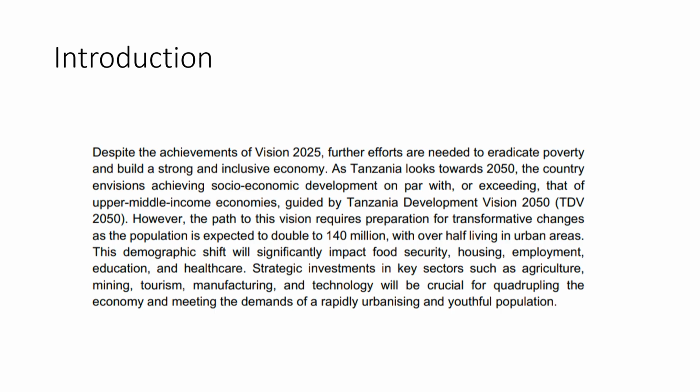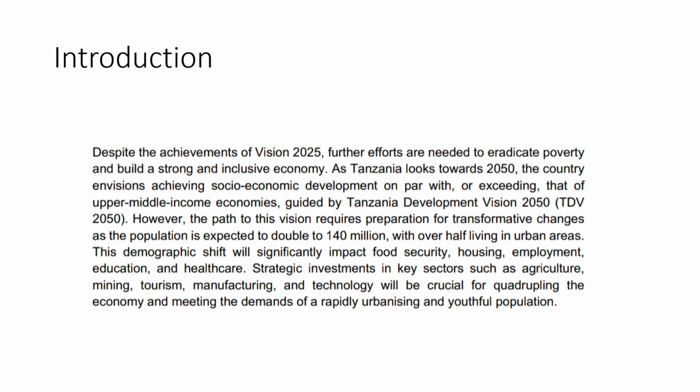inclusive economy. So as you can remember, when mentioning aspects that are covered, the socio-economic aspects, one of them was poverty. So now we have succeeded in Vision 2025, but we still need to address such issues looking towards 2050.